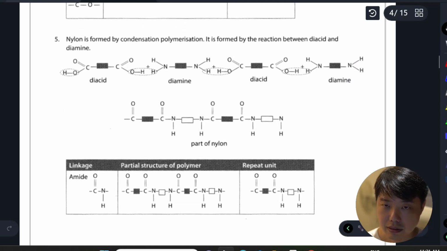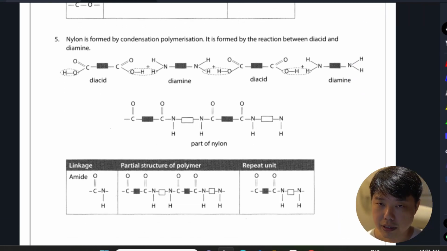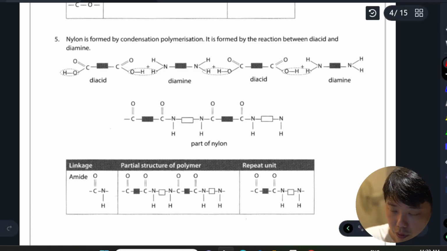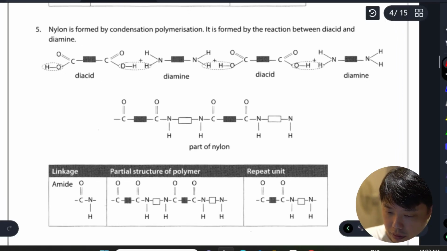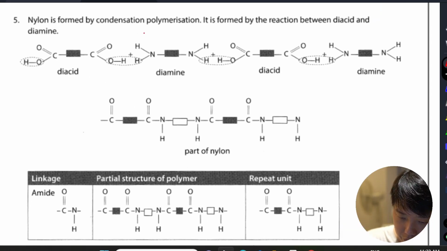So the next kind of polymerization that we have under condensation is amide linkage. Basically it is the same thing, except that in place of alcohol, we have this amine.